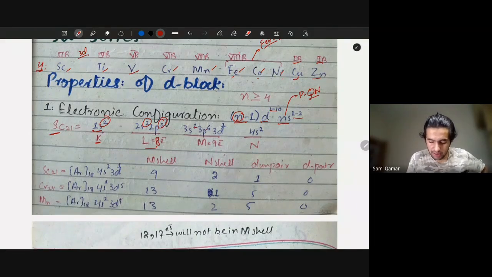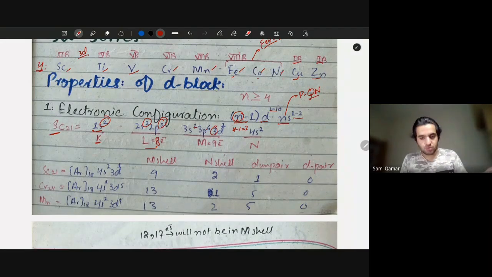So the 4 is n, right? 4 minus 1 would be 3. So here we got our 3d. That is why it is 3d, not 4d. So period number minus 1 will be equal to this d subshell. So the 3d subshell is here, and this 3d will be accommodating this 1 electron. And we are having 4s2 in the N shell as well.